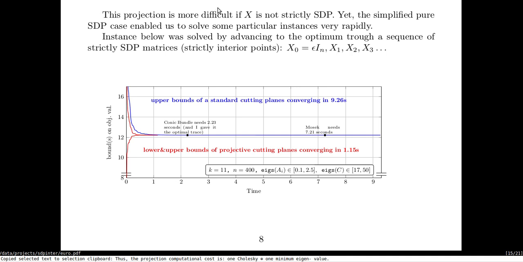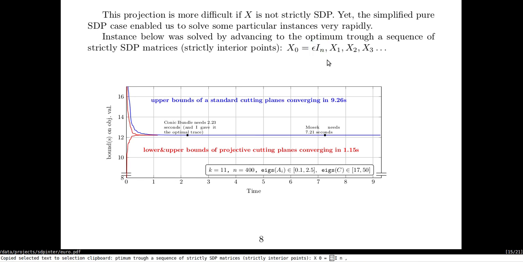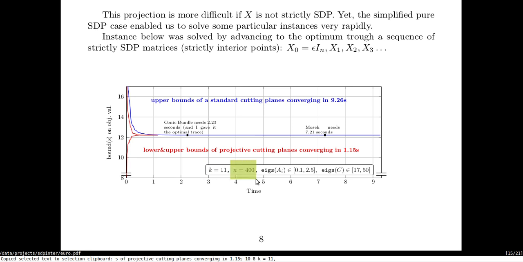The projection is more difficult if X is not strictly SDP. Yet, even this simplified SDP case enabled me to solve some particular instances very, very rapidly. I mean, just when I started the project, I gave a very simple instance in the sense that I knew that some epsilon identity is feasible. We have, for instance, 11 y variables, the matrix size is 400.